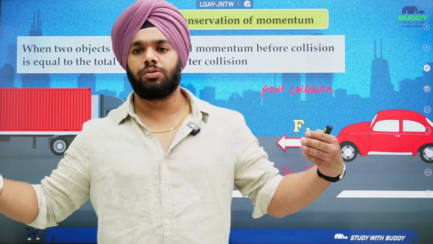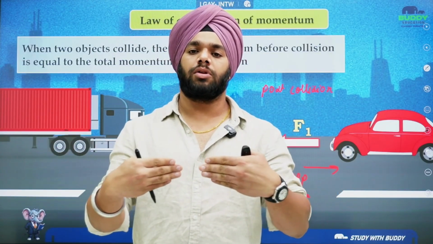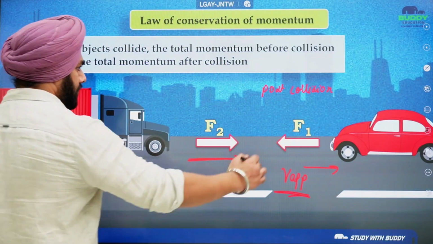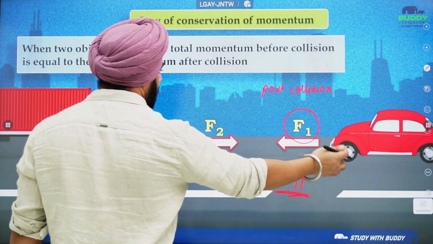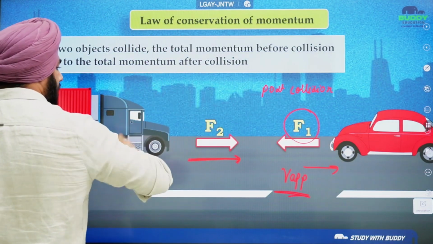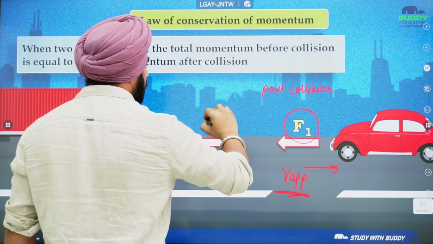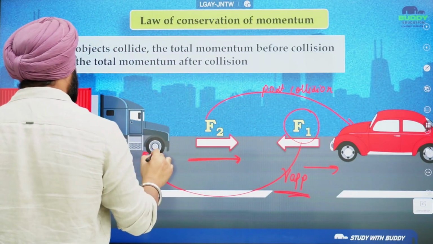If two bodies want to collide, they need to approach each other. So velocity of approach and velocity of separation. Got my point? So F1 is the force exerted by the car on the truck. F2 is the force exerted by the truck on the car. So F2 is on the car, F1 is on the truck.